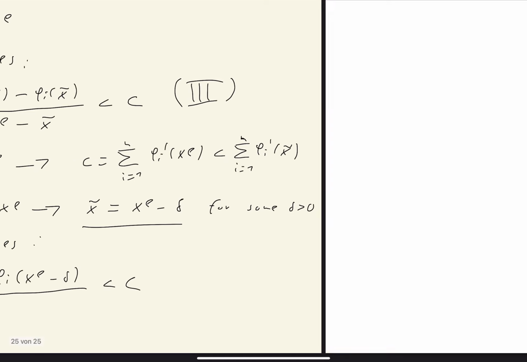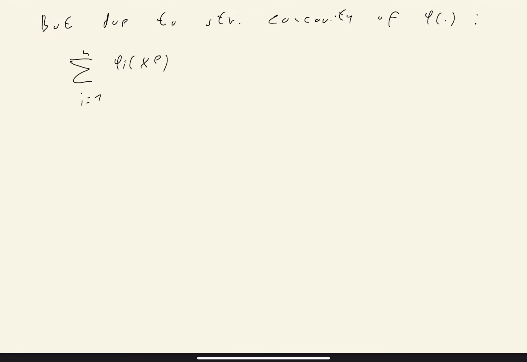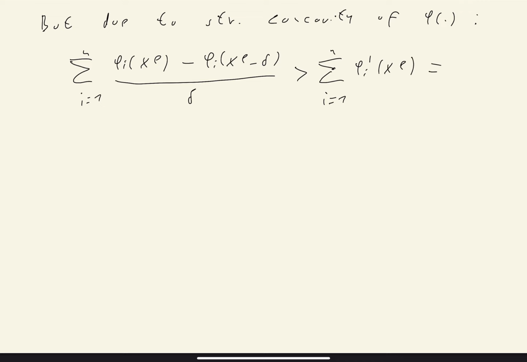But now, again, we have a contradiction, because due to strict concavity of phi, the sum of phi I xe minus phi I xe minus delta, divided by delta, is actually strictly larger than the sum of marginal utilities at xe, which is equal to c.